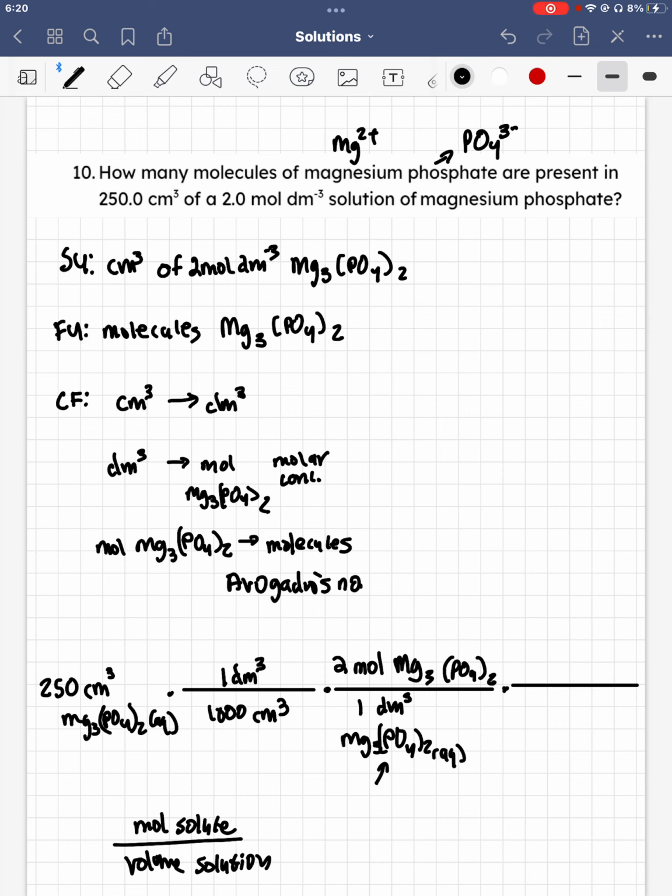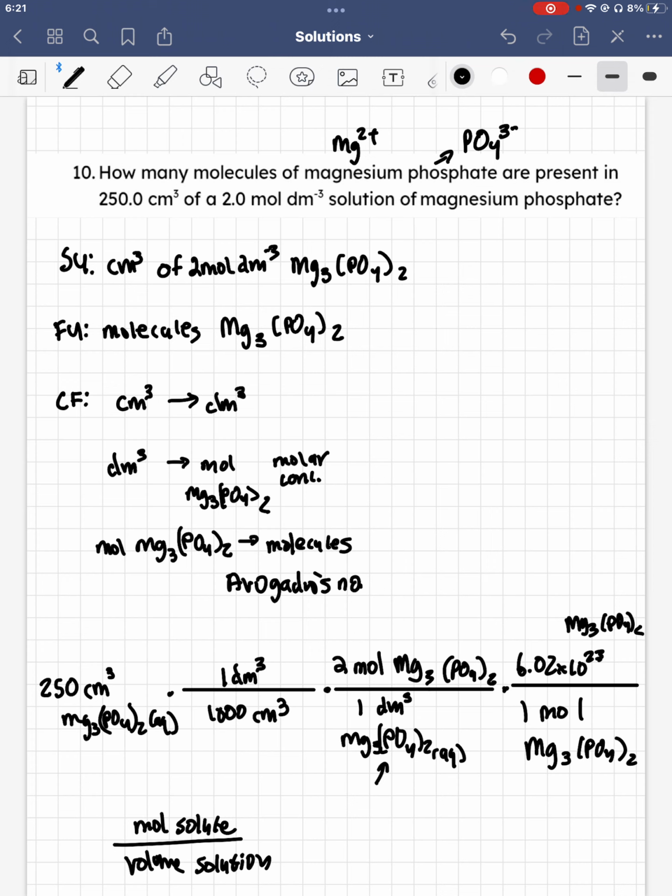All right, once I'm in moles of just the solute, well then 1 mole of Mg3(PO4)2, or 1 mole of anything, is 6.02 times 10 to the 23rd things. So 6.02 times 10 to the 23rd Mg3(PO4)2 compounds.